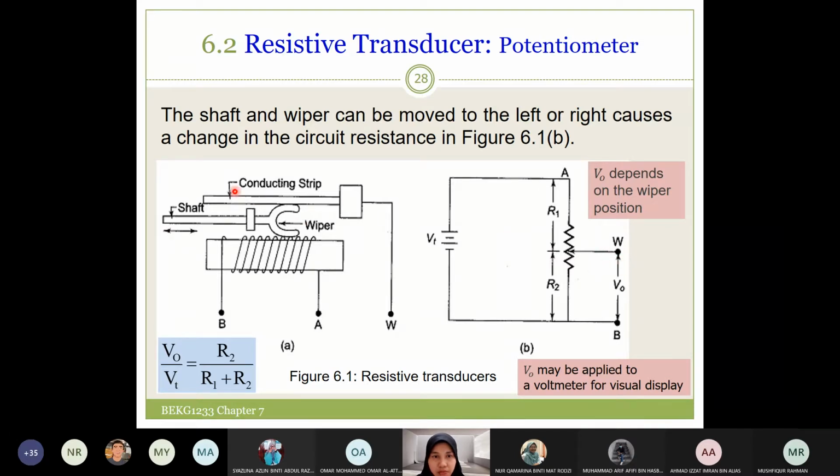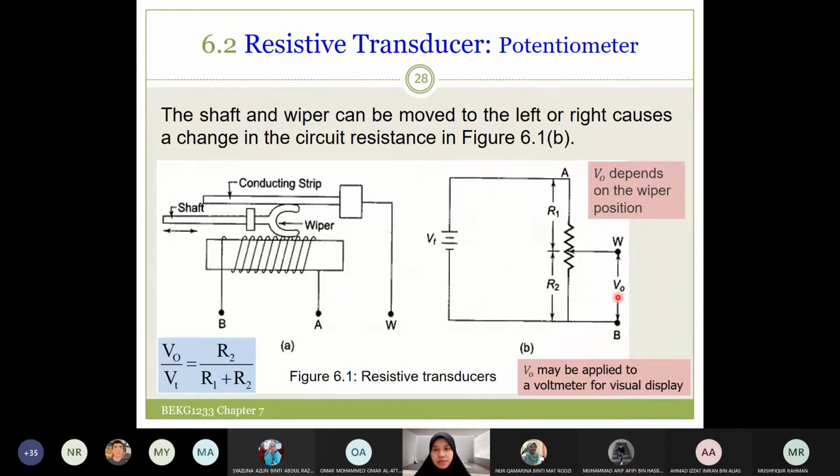Okay, so if we move the shaft to the right and to the left, it means that we move this W point along this path. V out is measured here, from B to W. W refers to wiper. V out may be applied to a voltmeter for visual display.